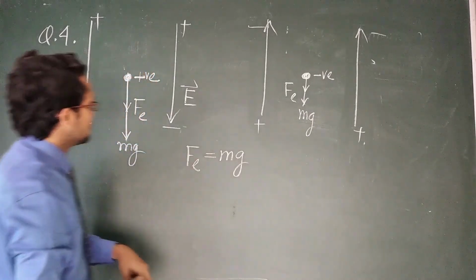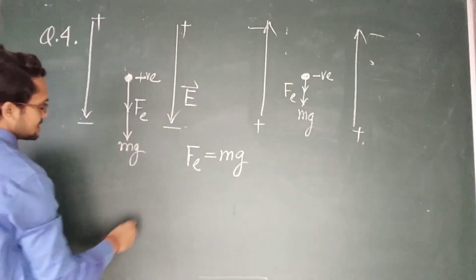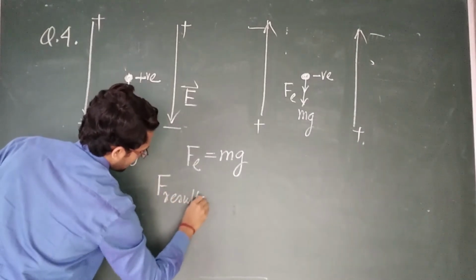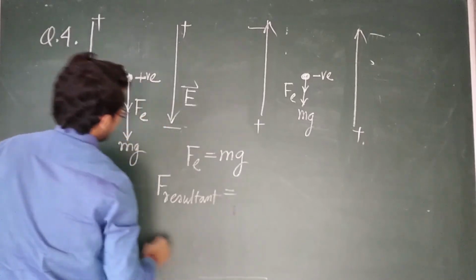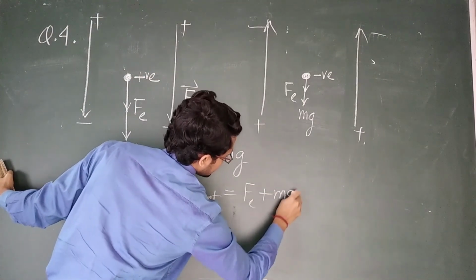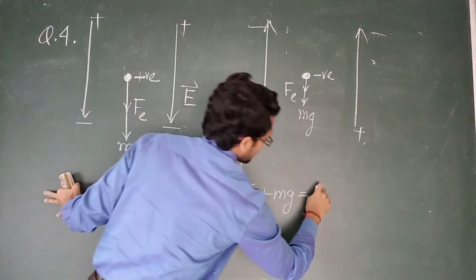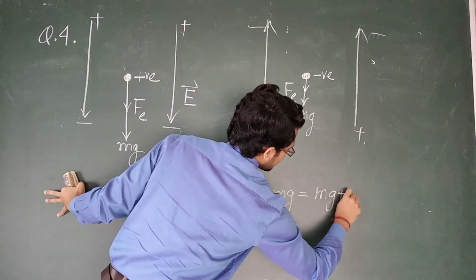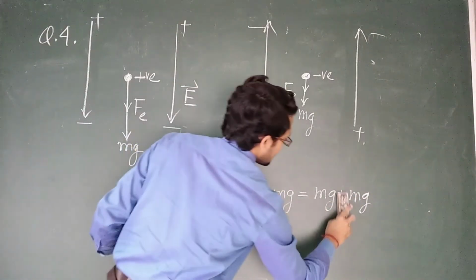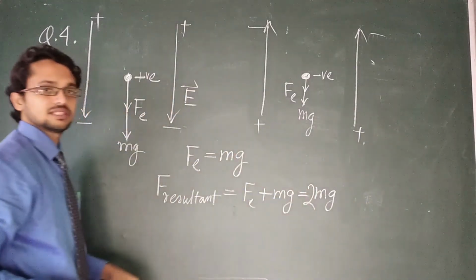Now in the downward direction there are two forces, so the resultant force will be Fe plus mg. But we have already calculated that Fe equal to mg, so mg plus mg, that is 2mg.